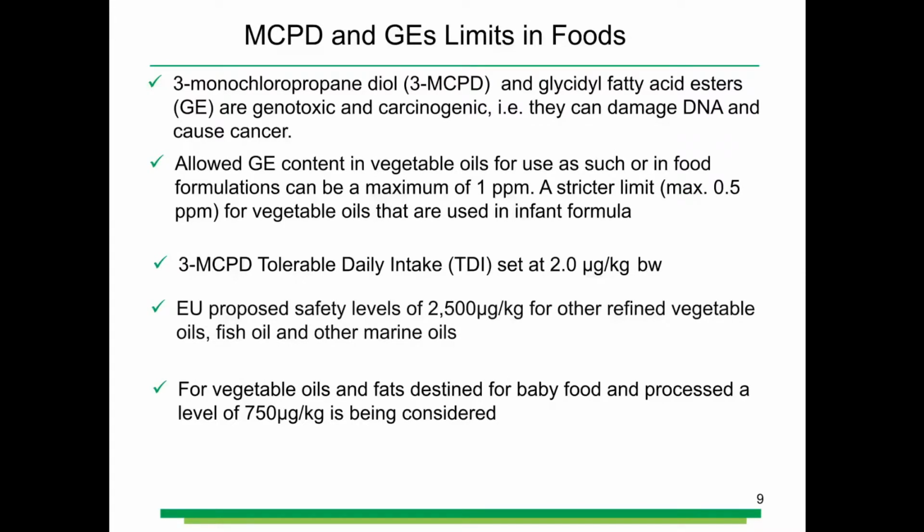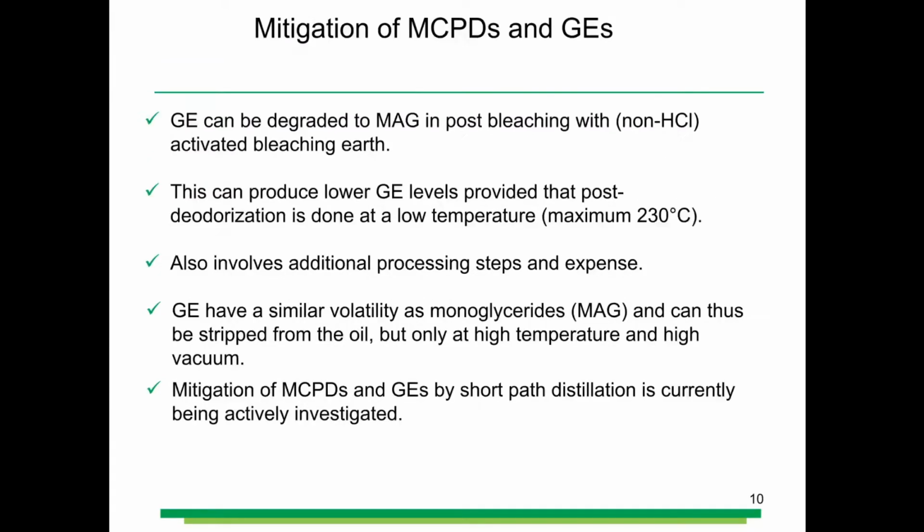MCPDs and GEs can be genotoxic and or carcinogenic. And as a result, regulatory agencies in North America, Europe, and Asia have set up strict limits for the presence of these contaminants in edible oils and many foods.